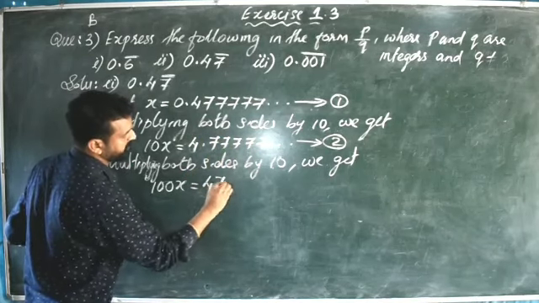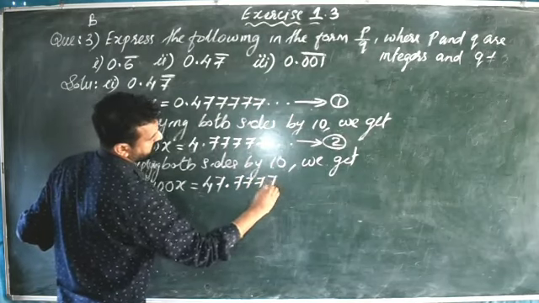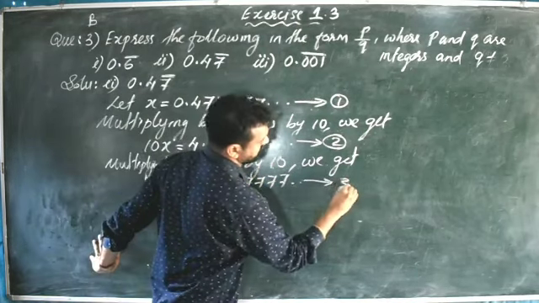That will become 47.7777 etc. That we will write as equation 3.